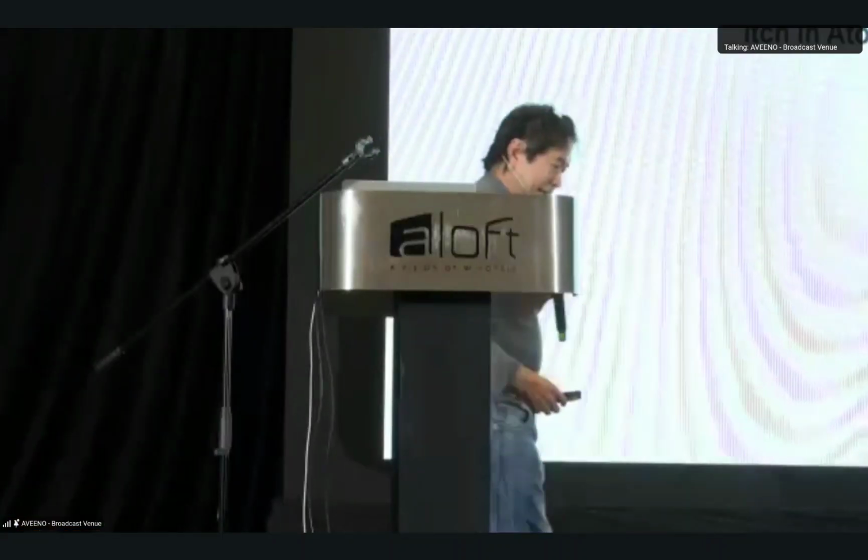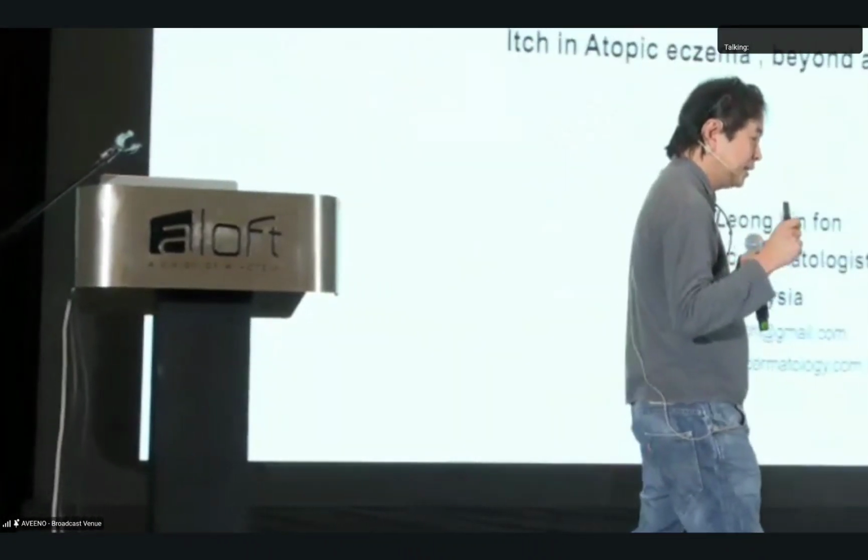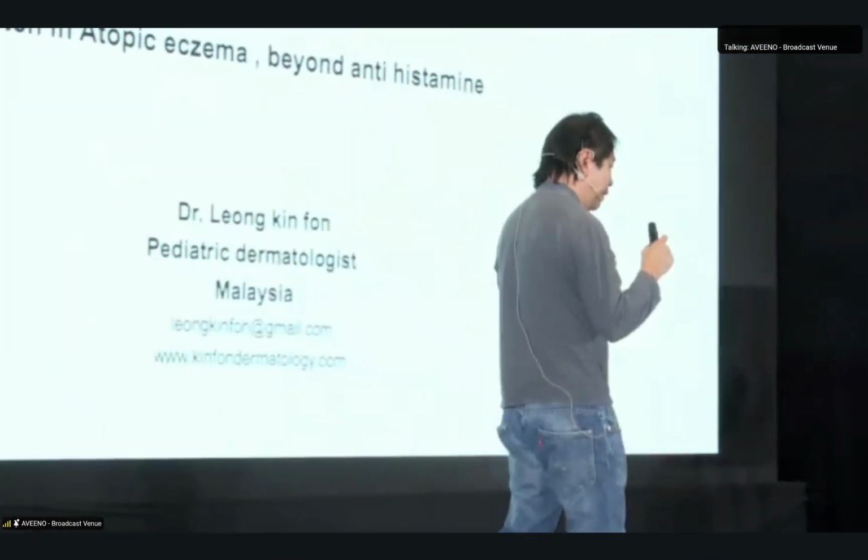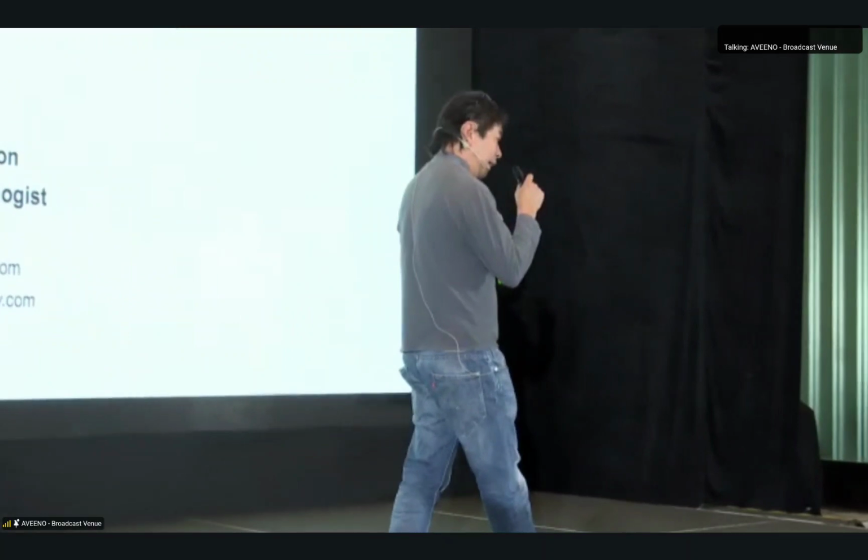Okay. So, as highlighted just now, itch is a very important clinical sign or symptom of atopic eczema. First, for diagnosis. Secondly, to assess the degree of improvement. And these two are very important. In fact, we treat itch as one of the vital signs in our dermatology ward or clinic.